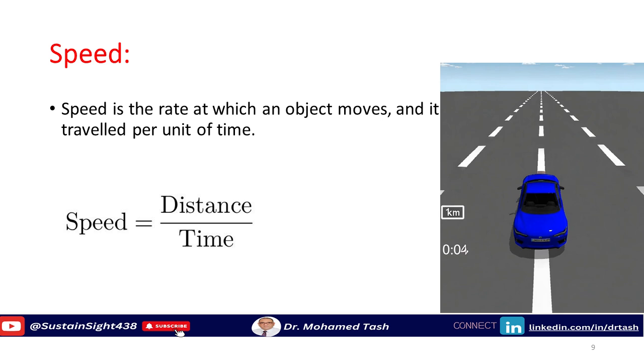If we want to describe both the speed and the direction of an object's motion, we use the term velocity. Understanding speed is fundamental to describing motion in physics and everyday life. It allows us to quantify how fast things are moving and to make predictions about their movement.